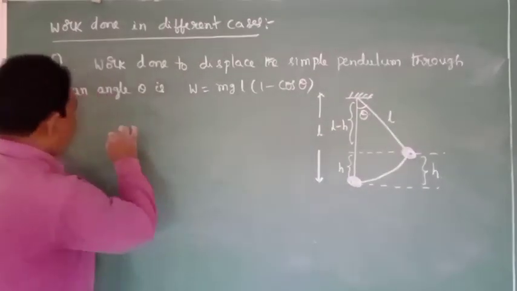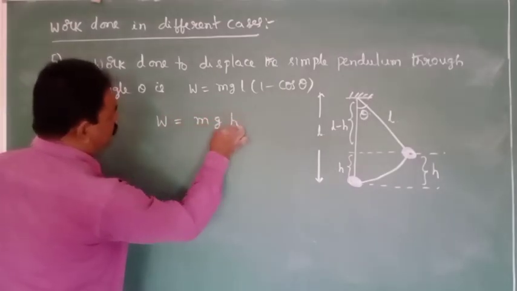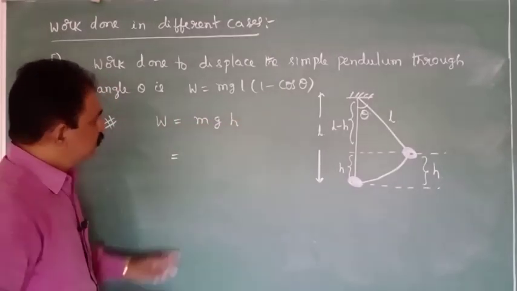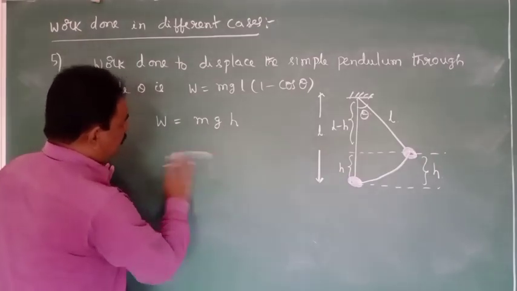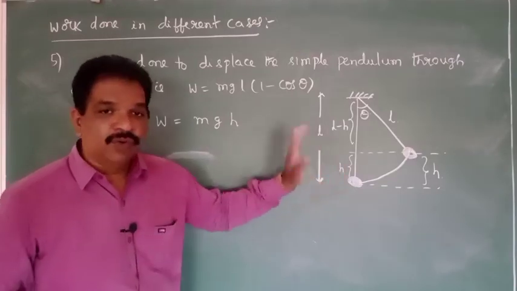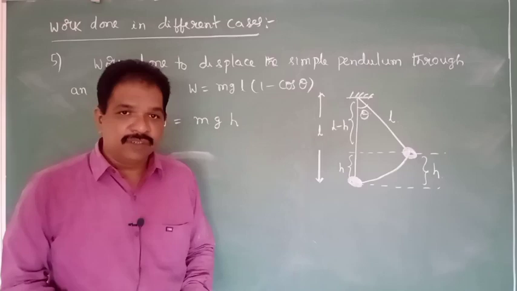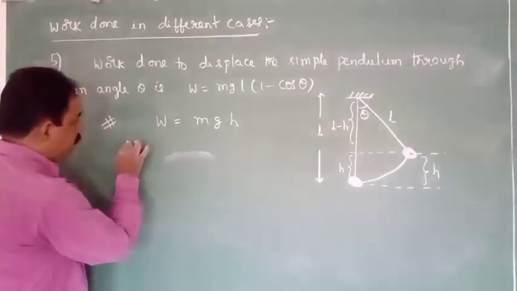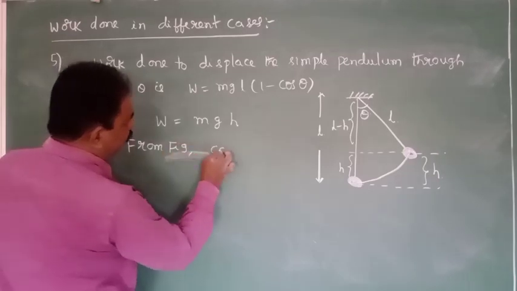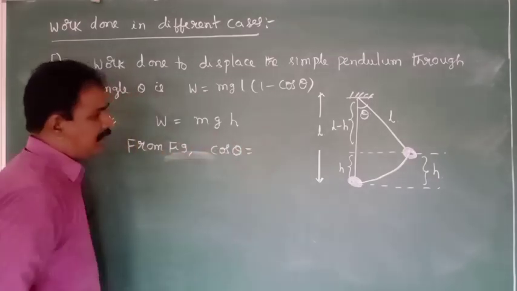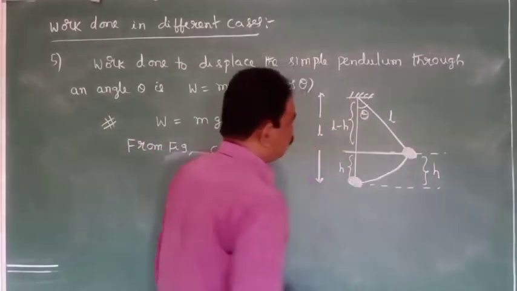Basically, in any case, we generally get W is equal to mgh only. So m we can place, but h we have to calculate. We don't know h exactly. We know L only, and we know theta only. From the figure, if you write the cos theta value, a right angle triangle is formed here.